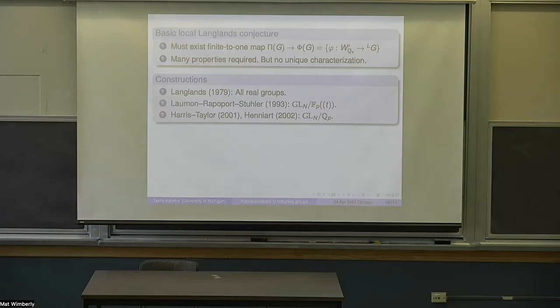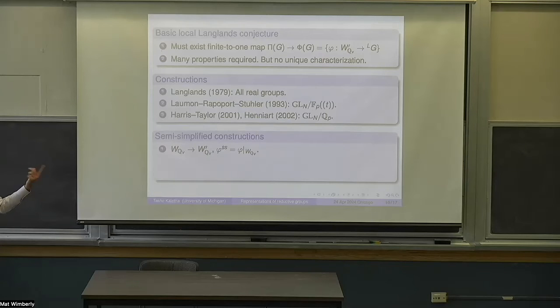And then for a while, things stalled, but one can try and do something a little bit weaker. There is a notion of a semi-simplified representation, where instead of taking the full Weil-Deligne group, one just takes the Weil group and restricts the representation to that. The full Weil-Deligne group contains the Weil group and also a certain unipotent element, which is why restricting to the Weil group is called semi-simplification.